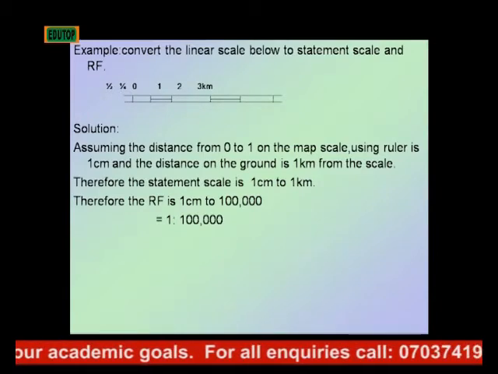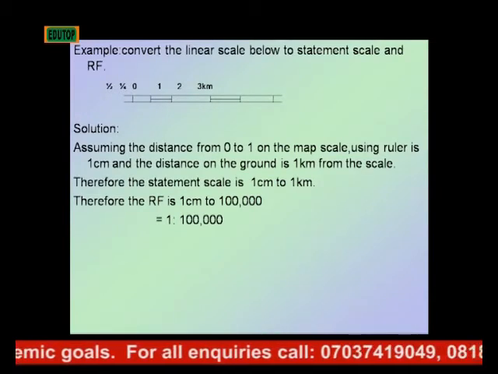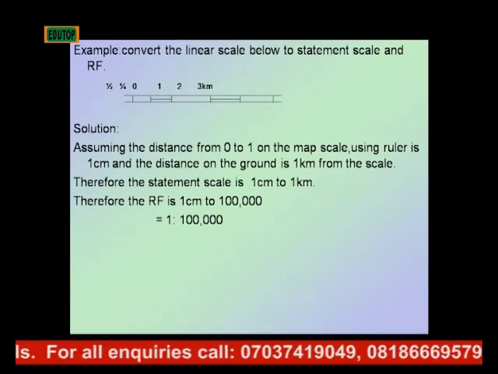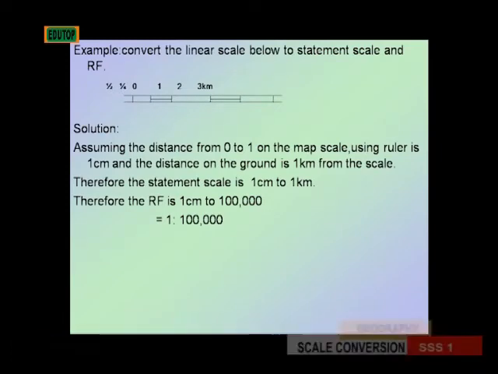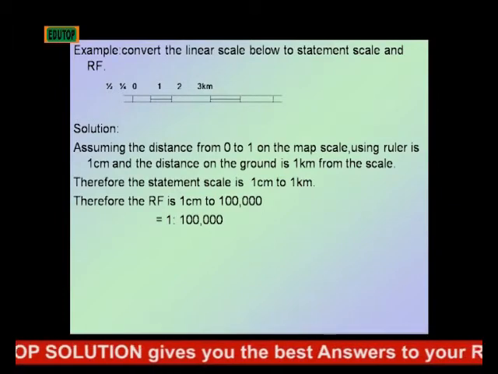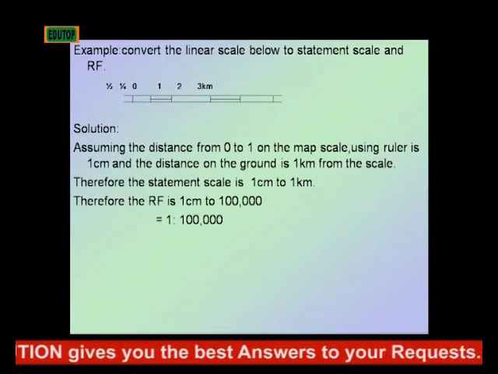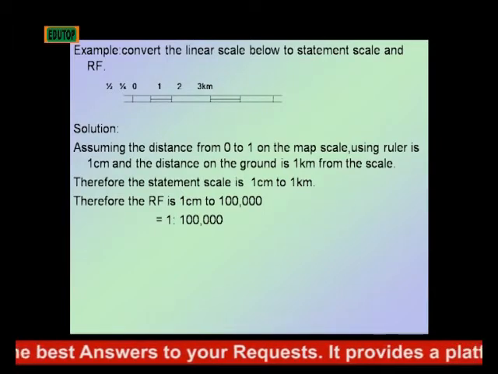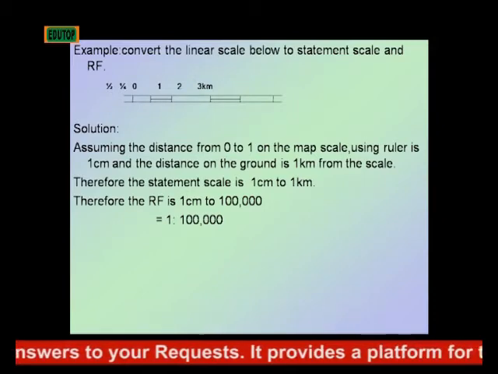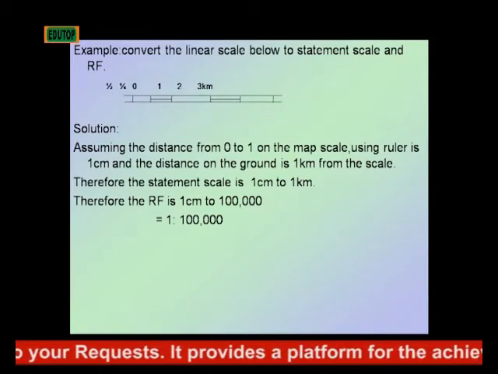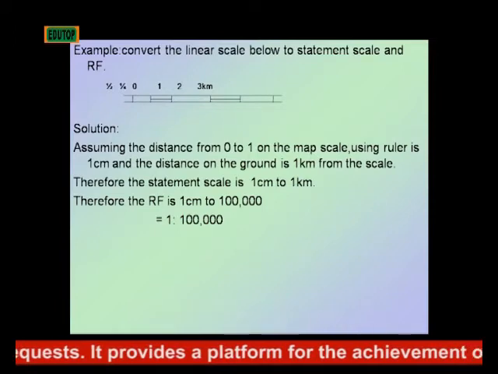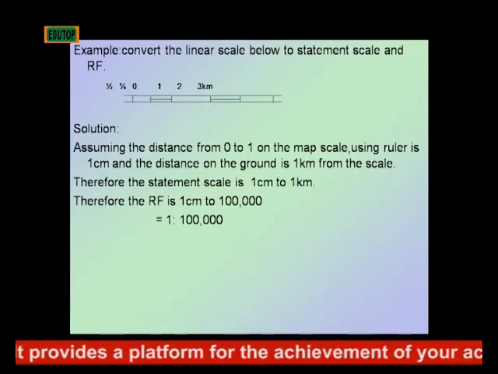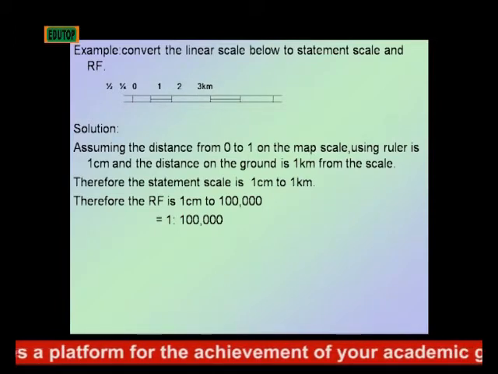And then the distance on the ground is 1 kilometer from the scale. So it therefore means that the statement scale is 1 centimeter represents 1 kilometer. And for the representative fraction scale, it means that 1 centimeter will be equal to 100,000. That is 1:100,000.